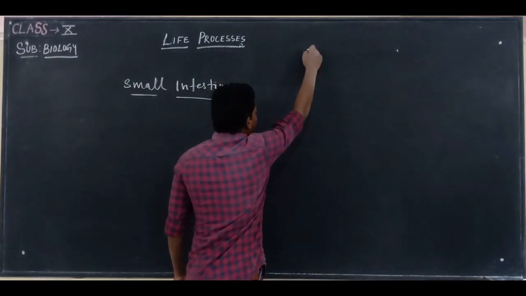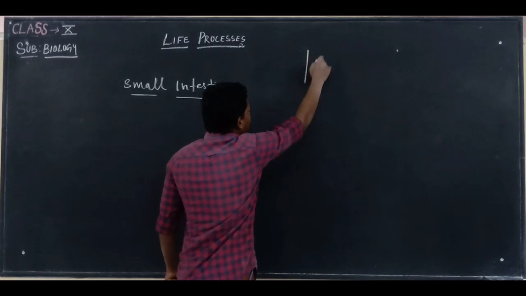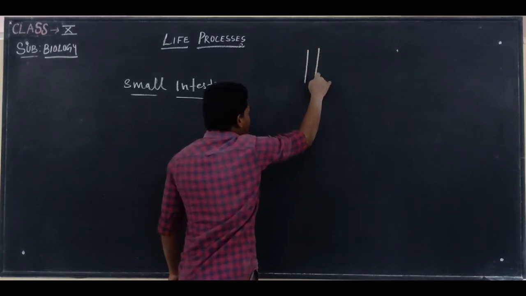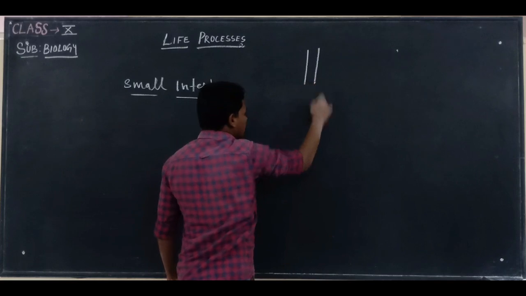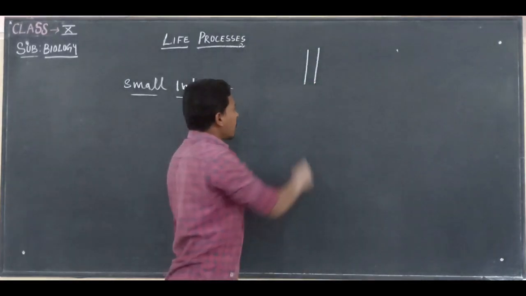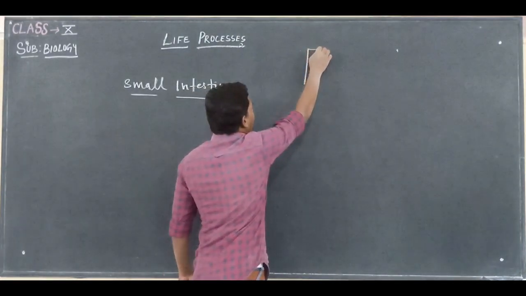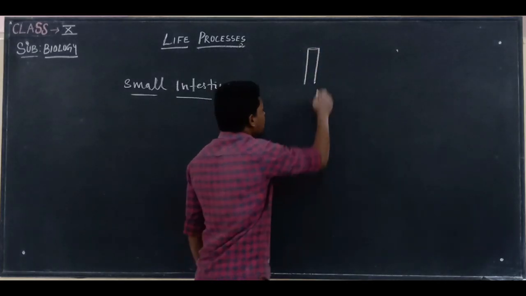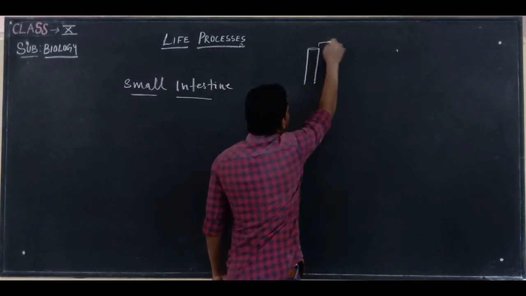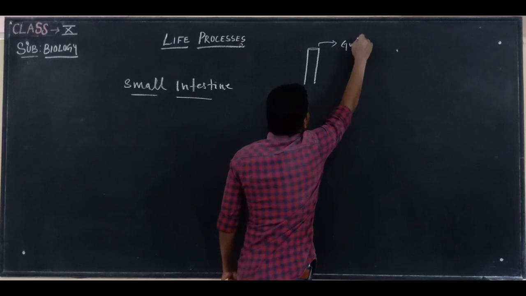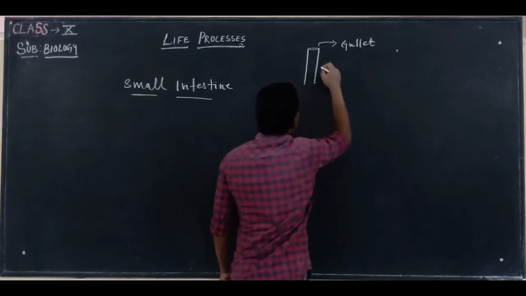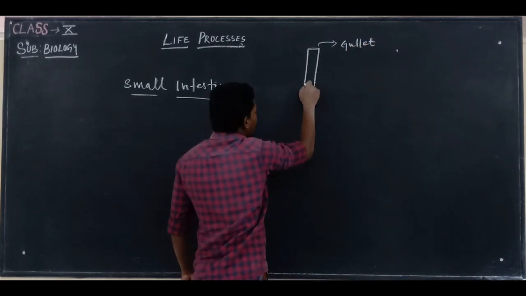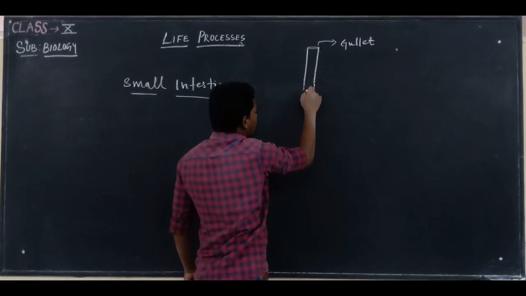In the previous class I told you that the tubular structure starts from the esophagus. It starts with the opening known as gullet, and it opens into the stomach.